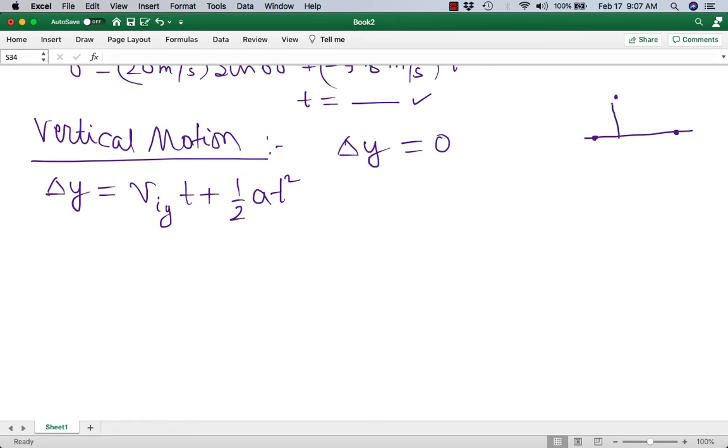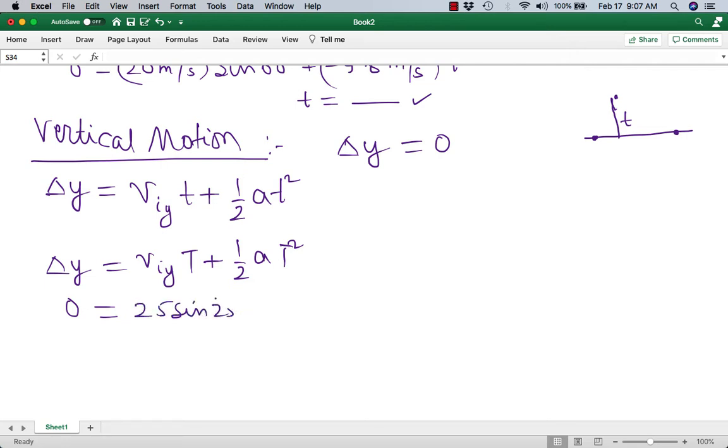So the time for the maximum height is denoted by small t, but for the total time I'm going to use capital T. Okay, so this is 0, this is 25 sine 60 degrees, and T plus 1/2 negative 9.8 meters per second squared, capital T squared.